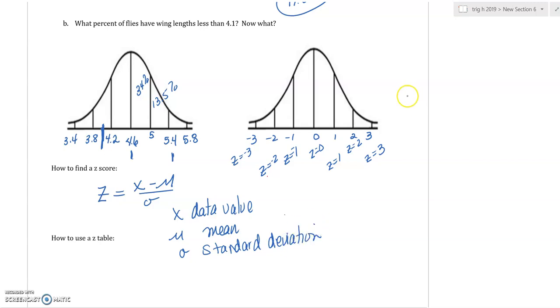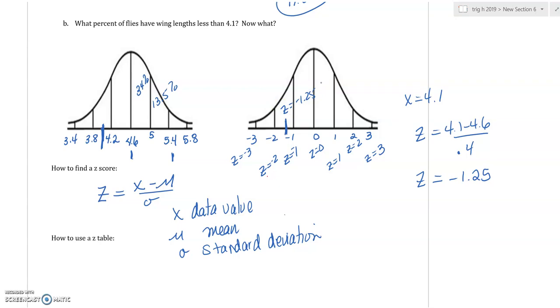For example, if our data is 4.1, you would say our z-score is 4.1 minus 4.6 divided by 0.4. So our z-score is -1.25. That actually makes sense because right about here would be -1.25.